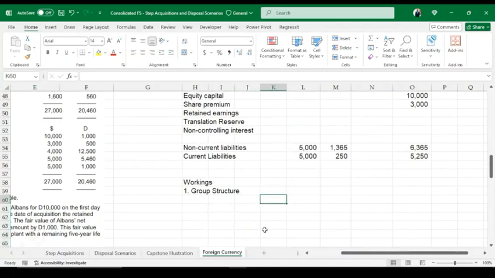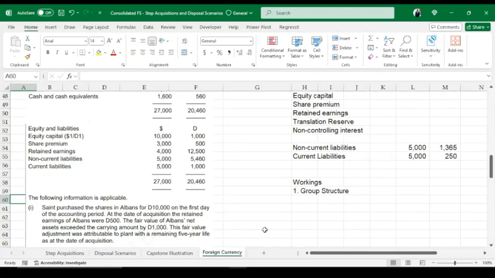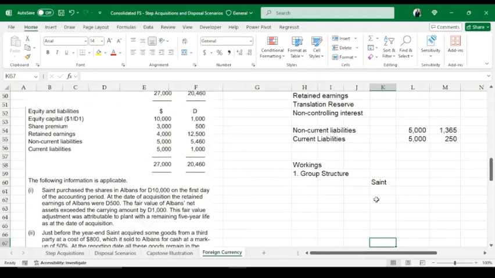So the group structure: this is a parent with one subsidiary, so it's quite easy. From the question, we've been told that Saint acquired Albans for 10,000 on the first day of the year. So Saint is the parent, and Saint acquired Albans.